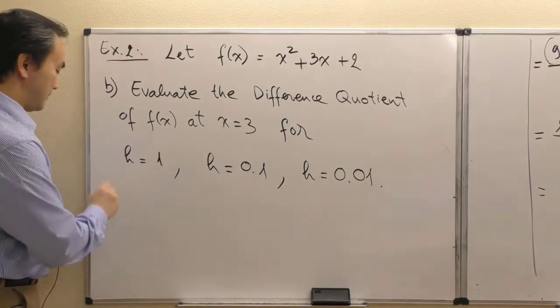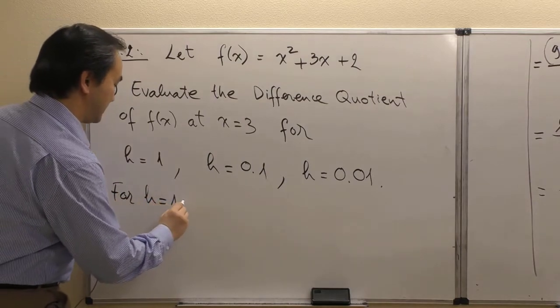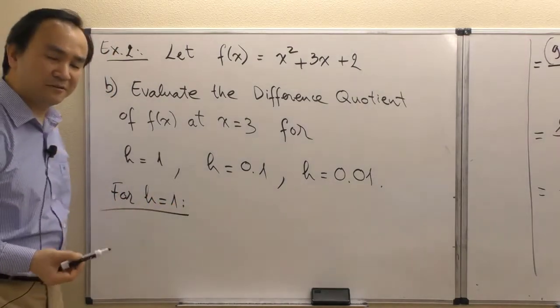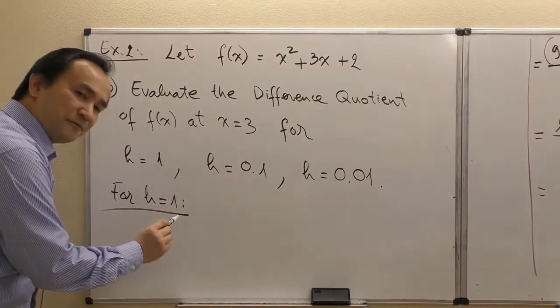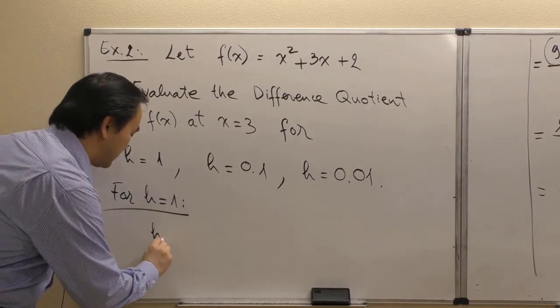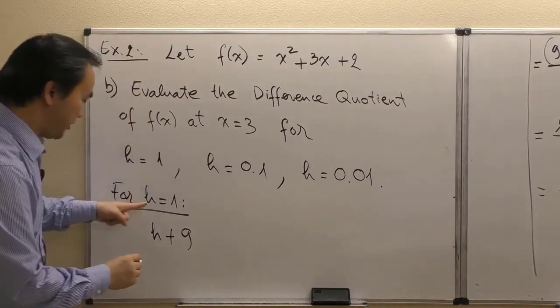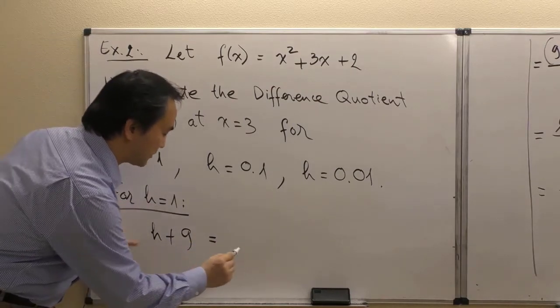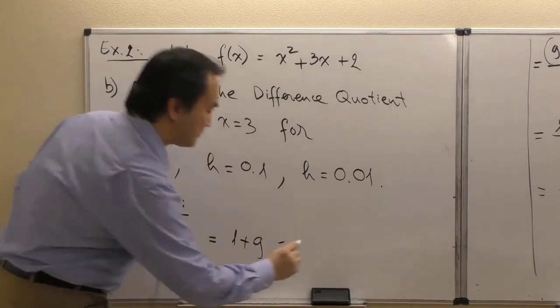So now, how about for h equals 1? It never hurts to write down every single detail. For h equals 1, let's see what happens. So our simplified difference quotient is h plus 9. That means for h equals 1, h plus 9 becomes 1 plus 9, and that is 10.